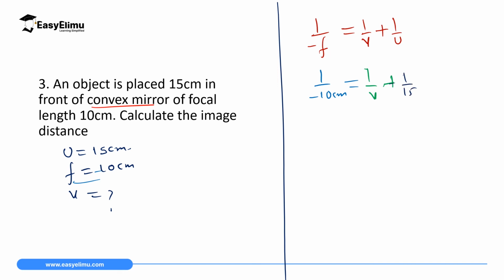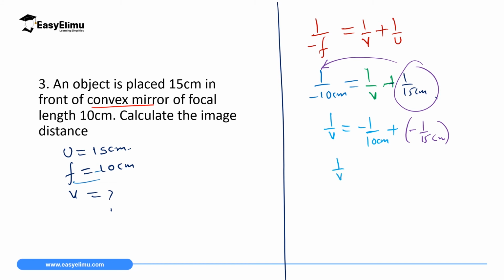1 over 15 centimeter. And in this case, if we take this to the other side, then it will be a negative. Then what we will have as our 1 over V is going to be negative 1 over 10 centimeter, plus when it comes to this side, it will become negative 1 over 15 centimeter. So in this case, we will have 1 over V is equals to LCM of 10 and 15 is 30.